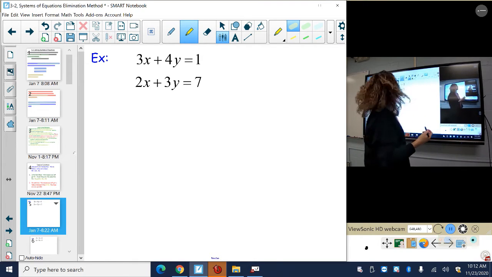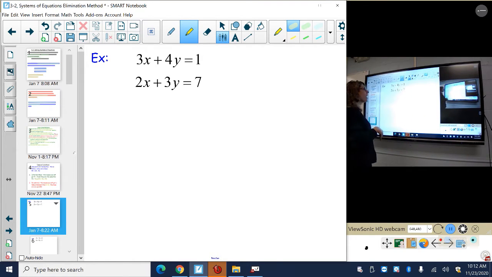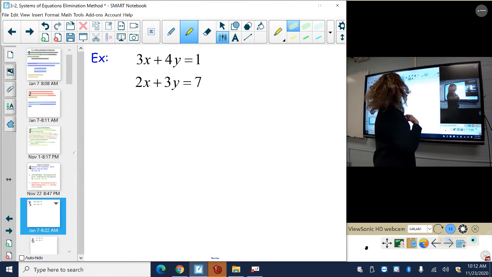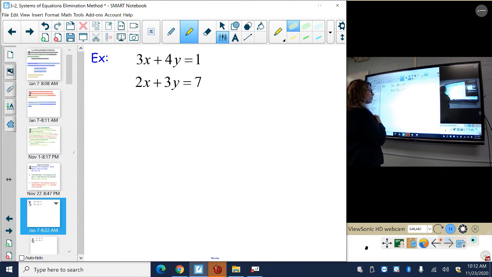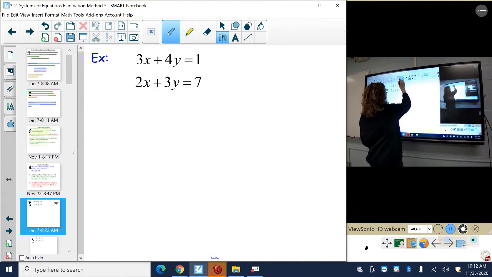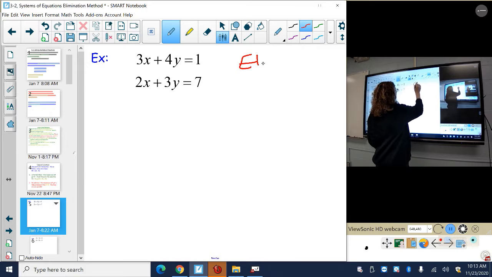The next thing is we're going to look to see if we have any coefficients of my x's that are opposites. I have 3x and 2x, those are not opposites. And of my y's, 4y and 3y, those are not opposites. So now we're going to look at those and say which one is smaller. Are my x's smaller, being 2 and 3, or are my y's smaller, being 4 and 3? My x's are smaller, so that means we are going to eliminate x.